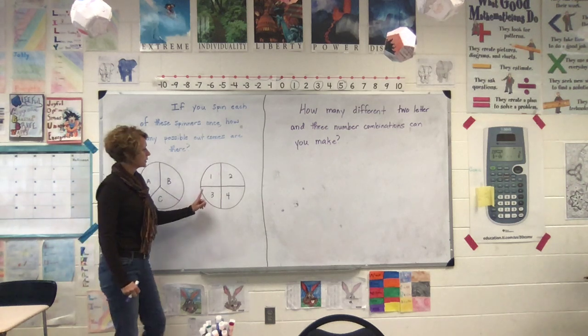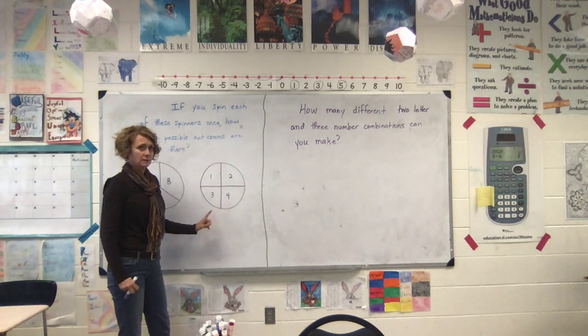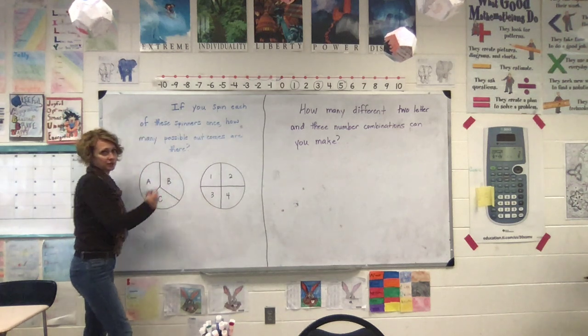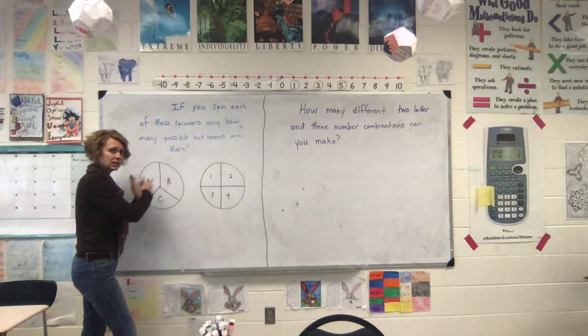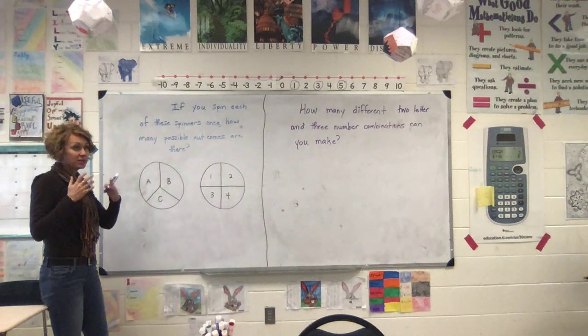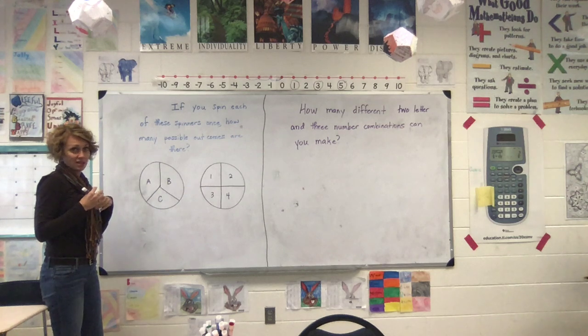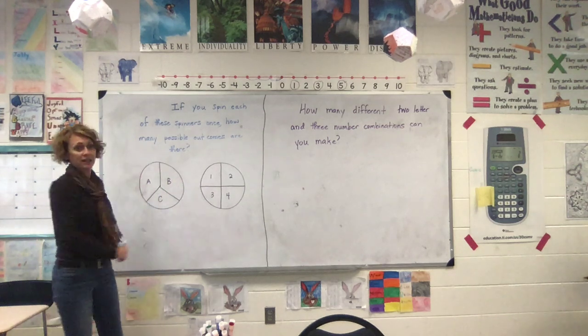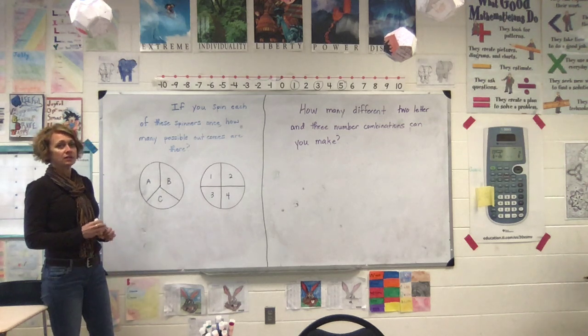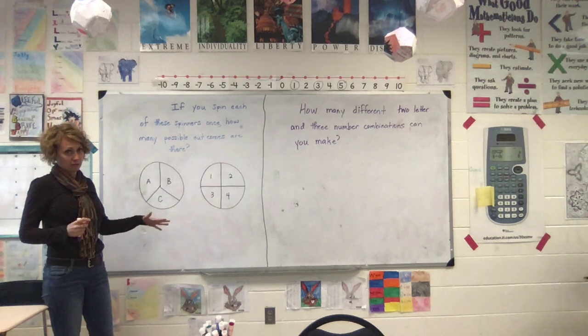And on my second spinner, I have a total of 4. But if I spin these, like this one first and then that one, I could get combinations. So it's maybe not all that easy just to say, hey, boom, look at it and see this is what it is. One way that I could figure this out is I could list what the outcomes are.